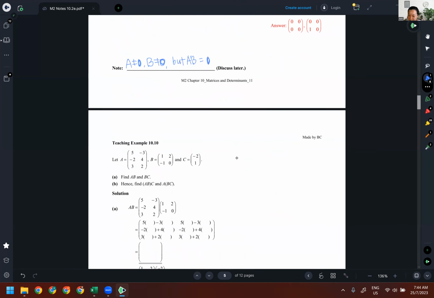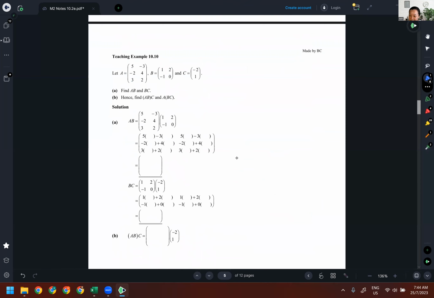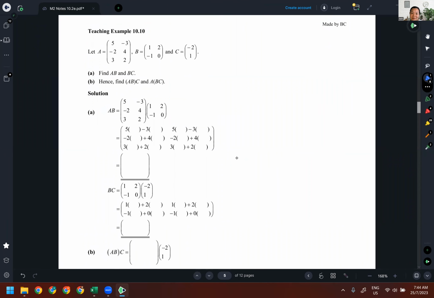Let's move on. The next example is to learn something. It's also multiplication. We practice multiplication, but we also learn something. So to get these values, 1, -1, 1, -1, 1, -1.